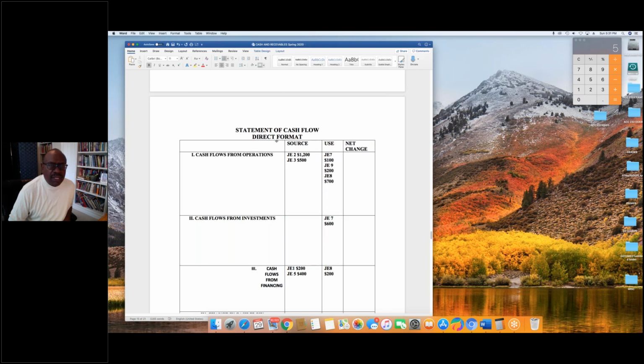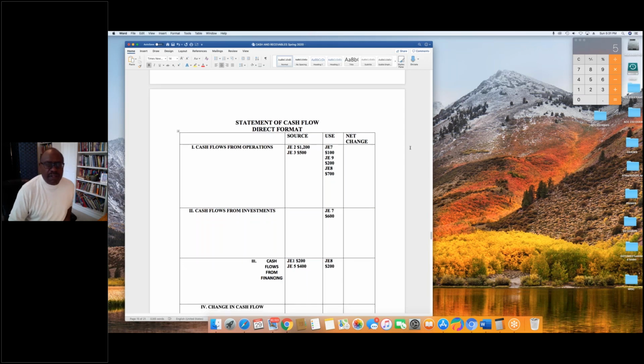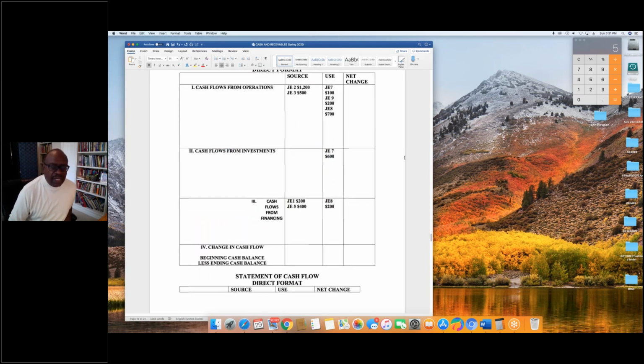Move these over. I was going to move over. I guess Word likes to act up like this sometimes.